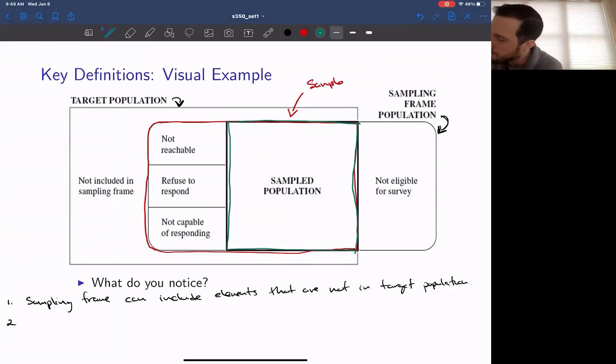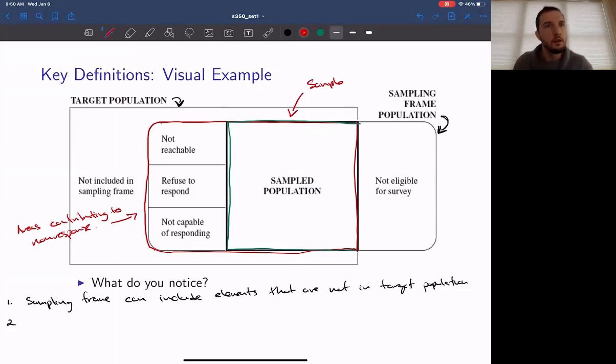So all three of these categories here would be areas contributing to non-response.